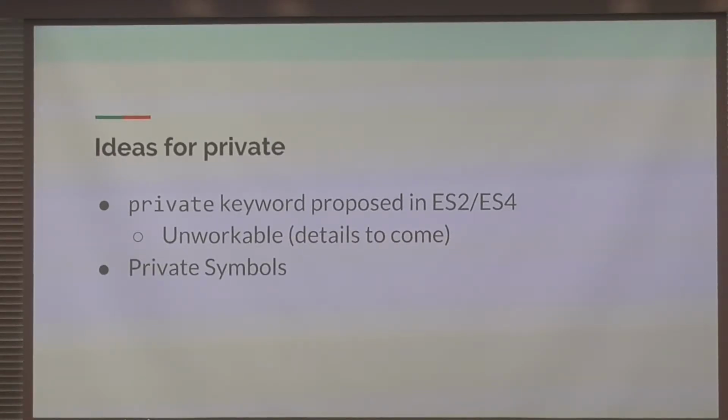There was also an idea to have private symbols. Symbols are a feature of ES6. You can see examples like symbol iterator, where it's not a string, but it can still be used as a property key. So you can have methods that are named by symbols. And there was an idea to use private symbols that you weren't able to access by reflection.